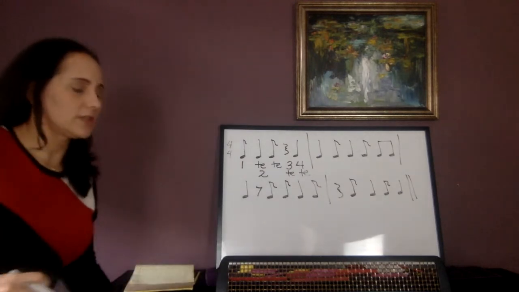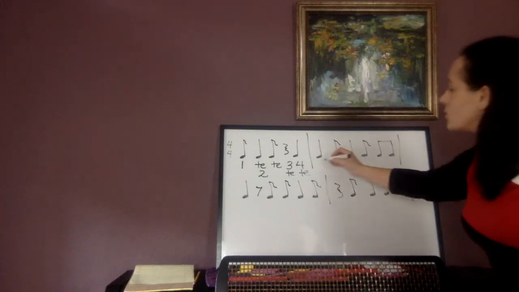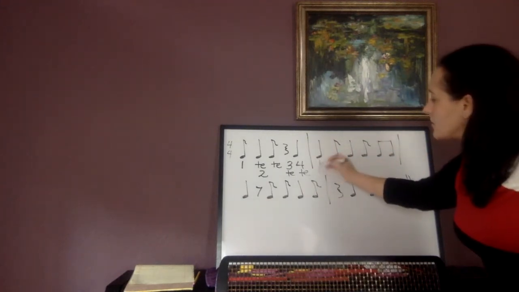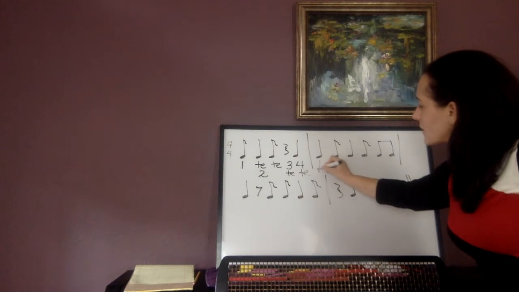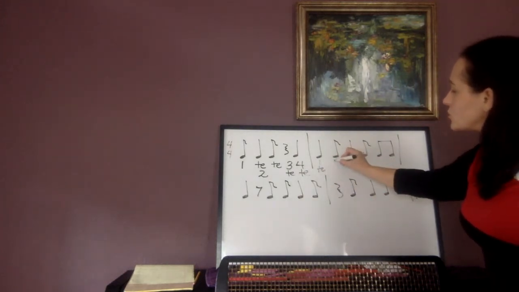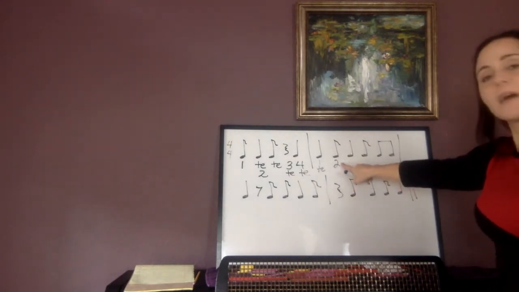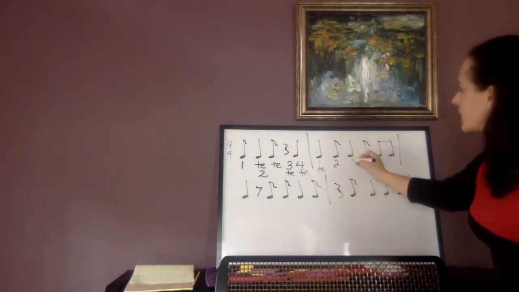Okay, I'm going to move over here for the next measure, starting back over with 1. Quarter note, so it gets a number and a te. Whoops, marker's running out. Number and a te. 1 te, this of course is 2, but it's an eighth note, so it gets nothing else. But we're not done with beat 2. Here is te.